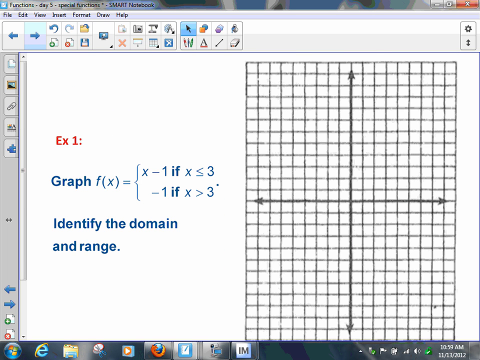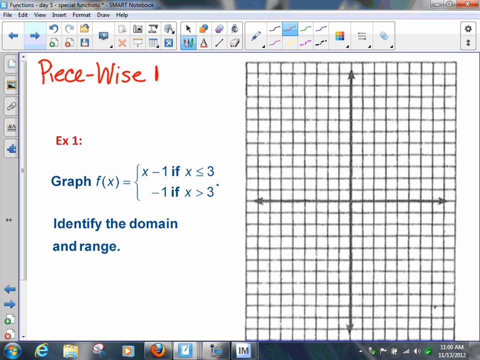Now we have these functions. Look at the way it's written. Graph f of x, which is equal to, and then it has 2 lines. What the world? These are called piecewise functions, because we're looking at pieces of lines.